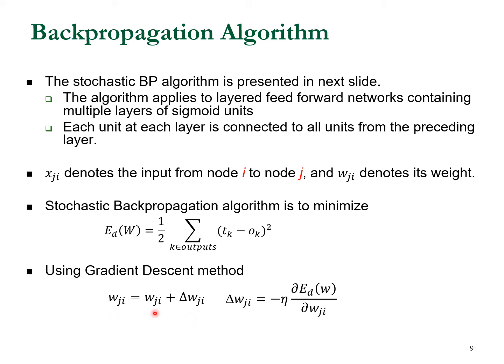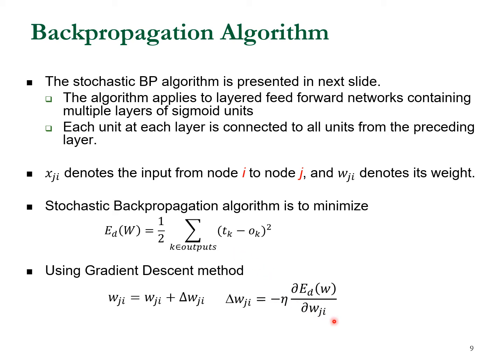The current value plus delta w_ji is the new value. Delta w_ji is minus eta, which is a constant, times the derivative of the error function with respect to w_ji.